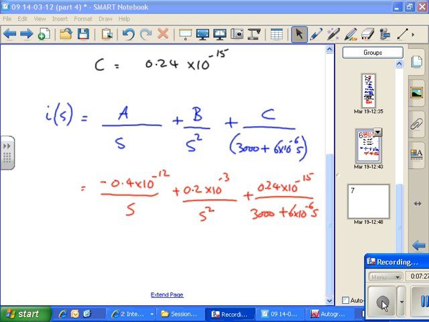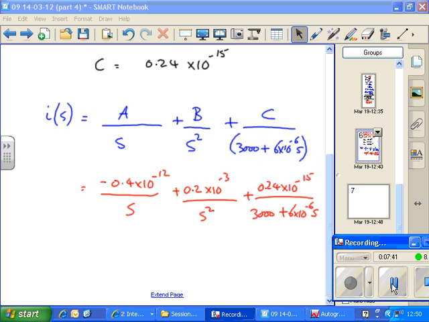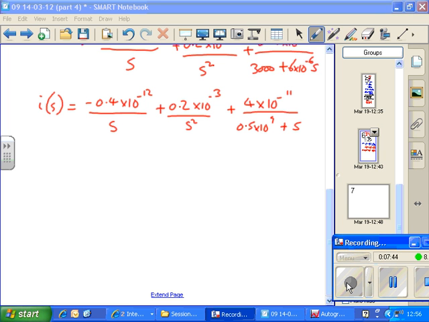The first two we can transform, but the last one, if we divide every term in this fraction by 6 times 10 to the minus 6, that will give us a transformation in terms of just S only. Which gives this, which to me doesn't look quite right actually.